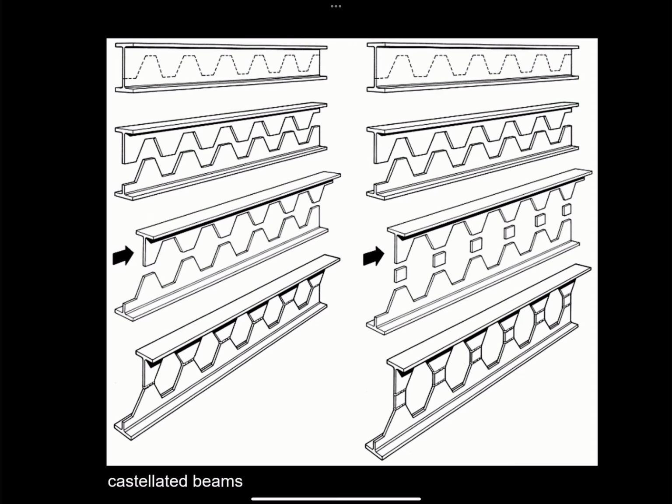So now what we get is a deeper structural section with no additional weight and also no waste. So castellated beams are a good way of getting a deeper structure, and this would also enable us to pass services through these openings.